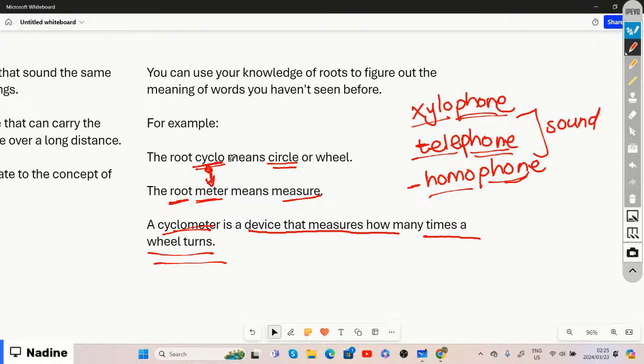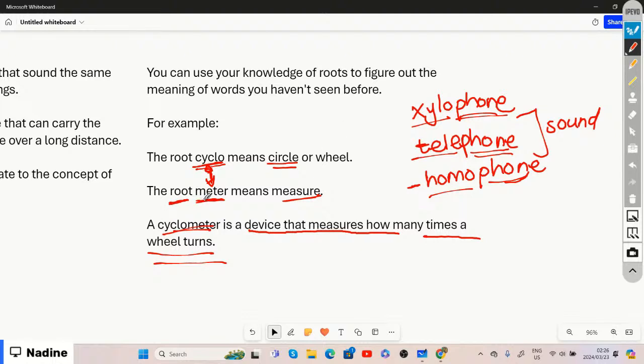If we were to find words with the root word cyclo, then all our other words to do with cyclo will either have the meaning or a similar meaning to circle, or a similar meaning to a wheel. And the same with meter, right?